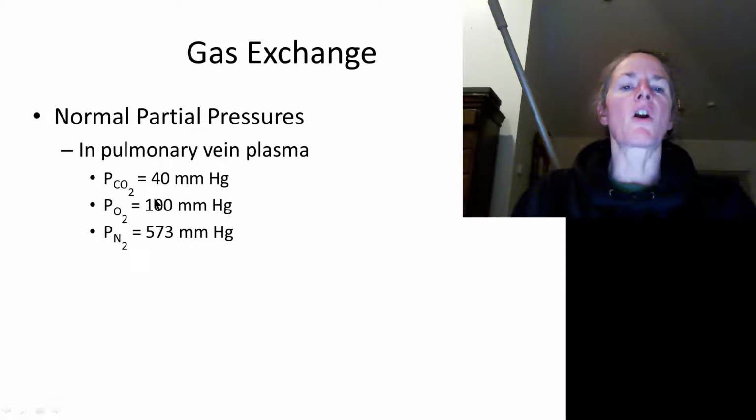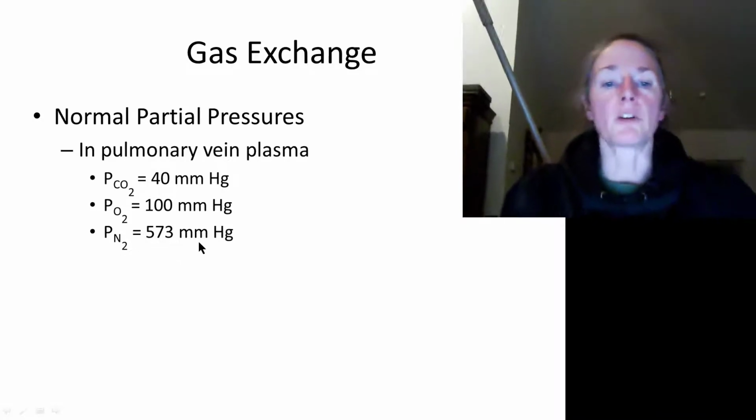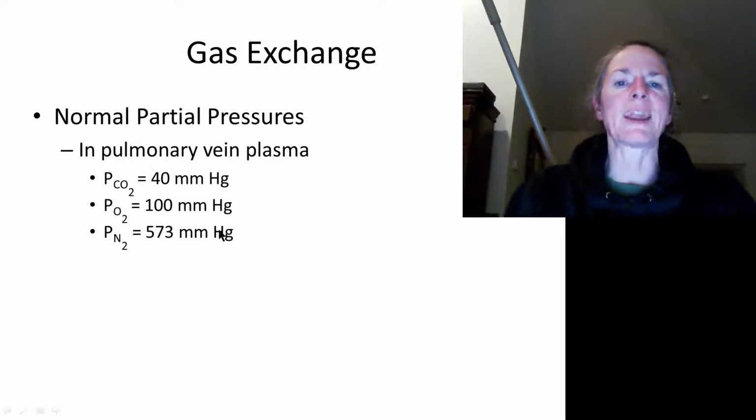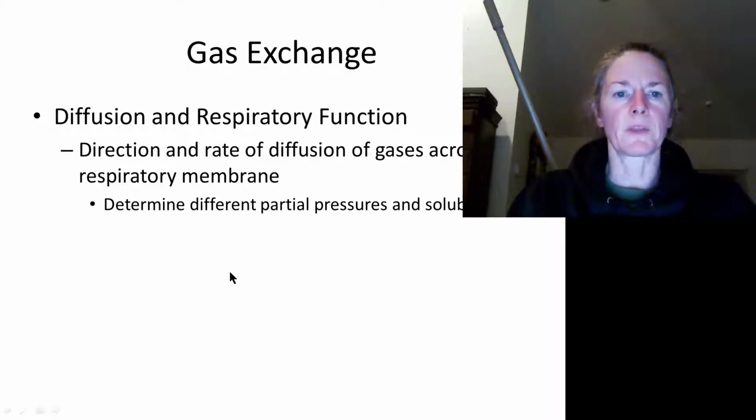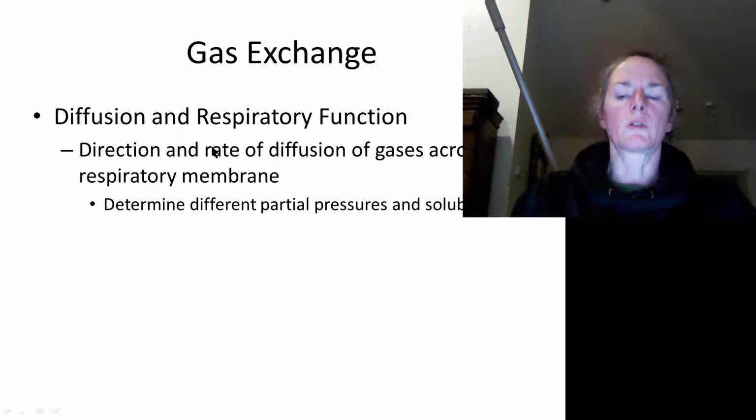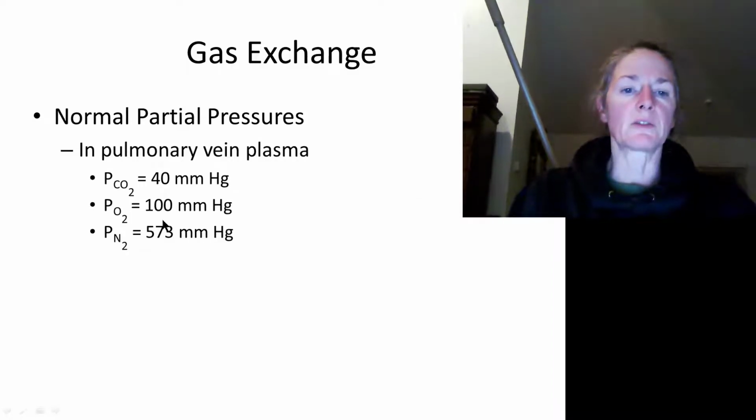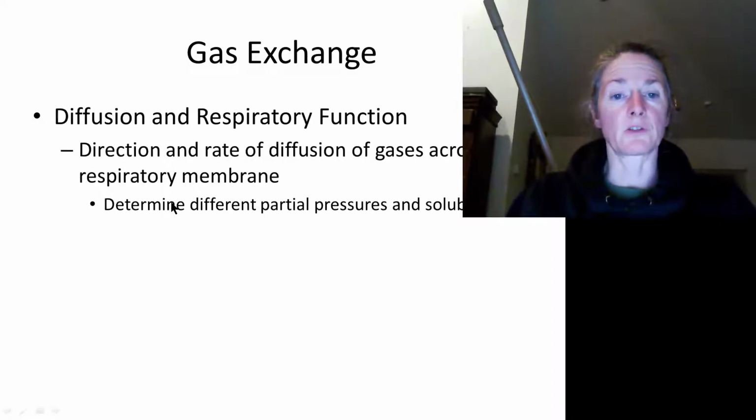And so this is going to be our oxygenated blood. And our partial pressure of nitrogen is 573 millimeters of mercury, but it's not very soluble. So this is going to be somewhat negligible when we look at our calculations. So we're going to focus mostly, obviously, on carbon dioxide and oxygen.